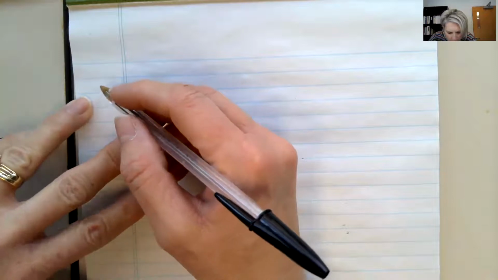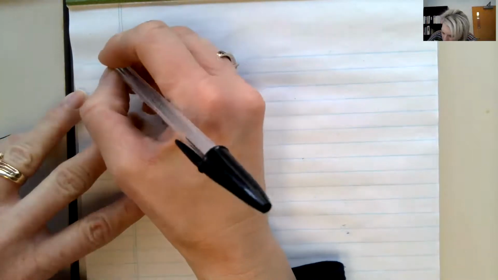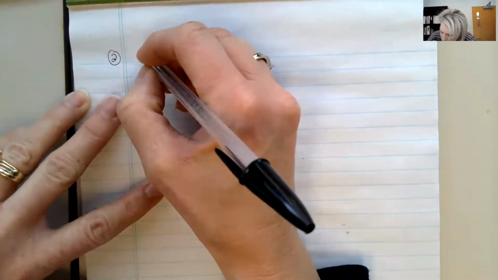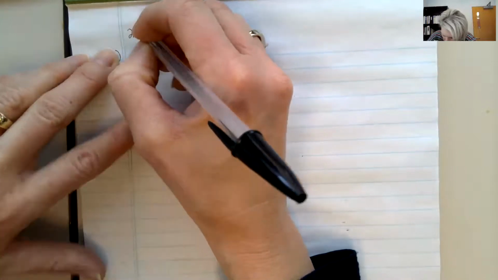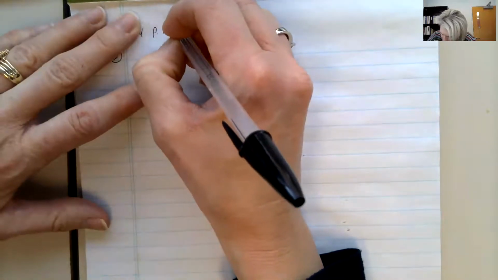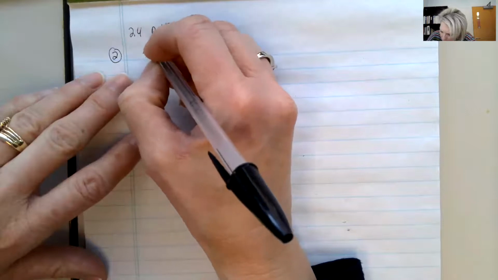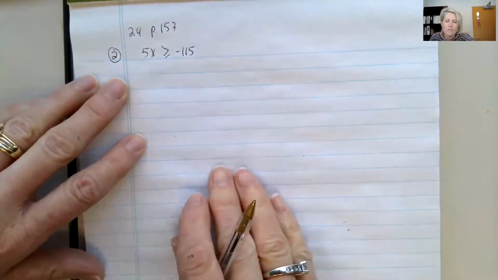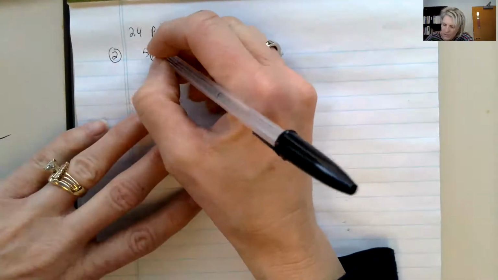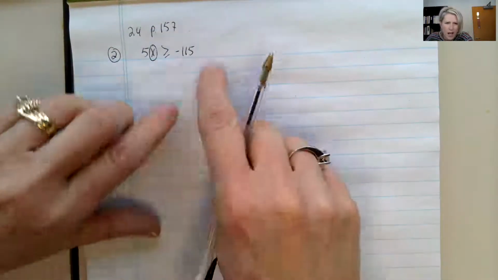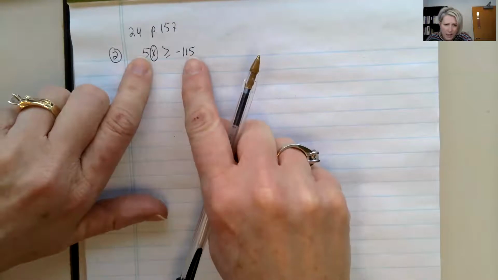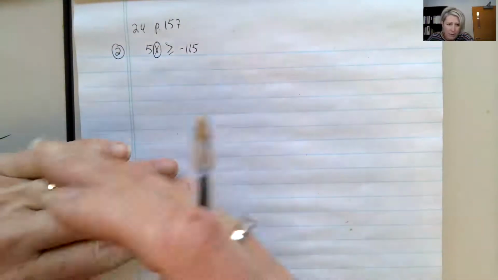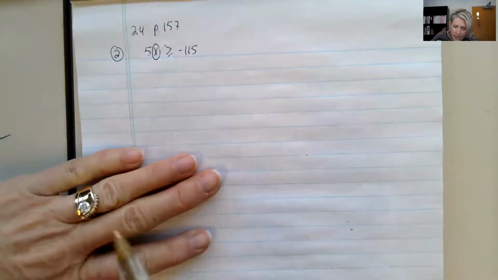If we were to look at number 2, this is 2.4, page 157. It says 5x is greater than or equal to negative 115. So all my x's are on one side, all of my constants are on the other. I don't have any parentheses or fractions, so I'm at the very last step of solving equations.